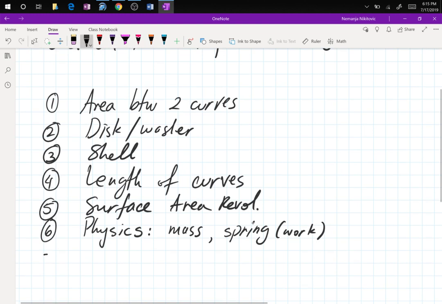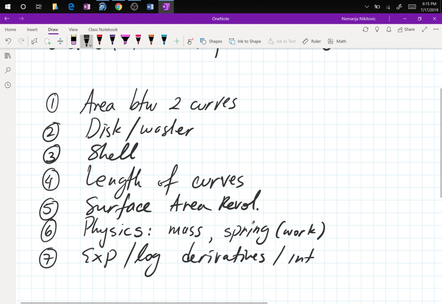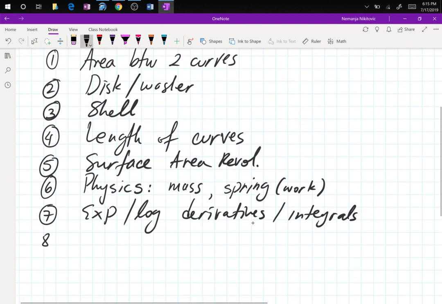Number 7, exponential logarithmic derivatives slash integrals. Number 8, exponential models, which is word problems.